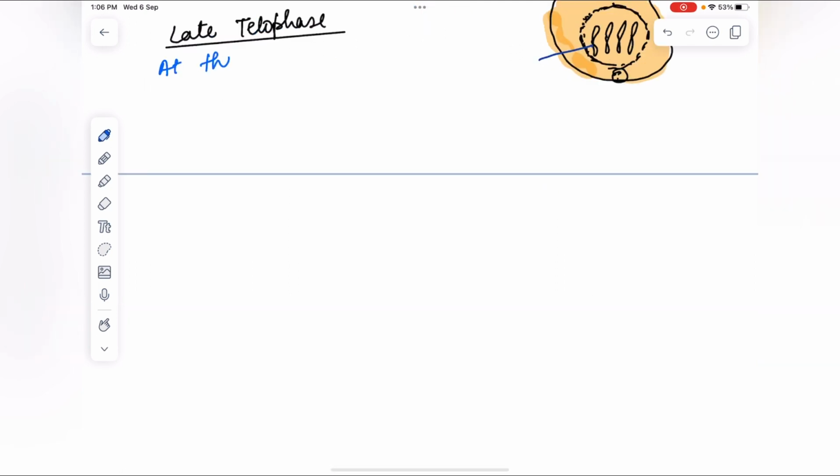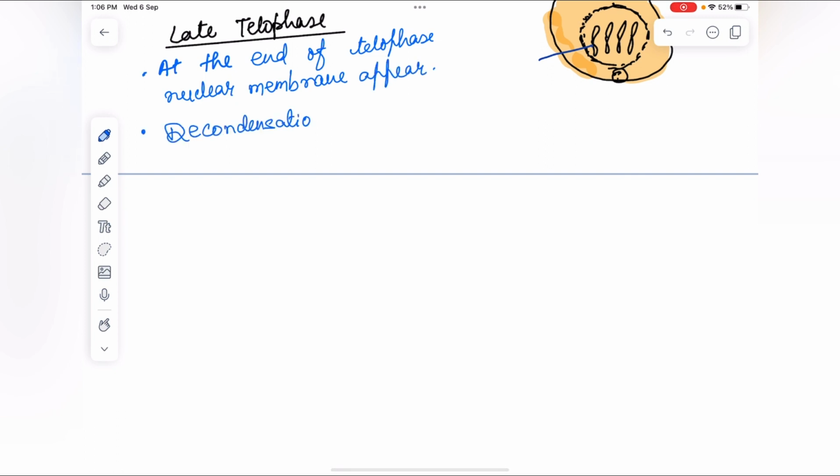At the end of telophase, the nuclear membrane appears, chromosomes decondense, and cell organelles come into existence.